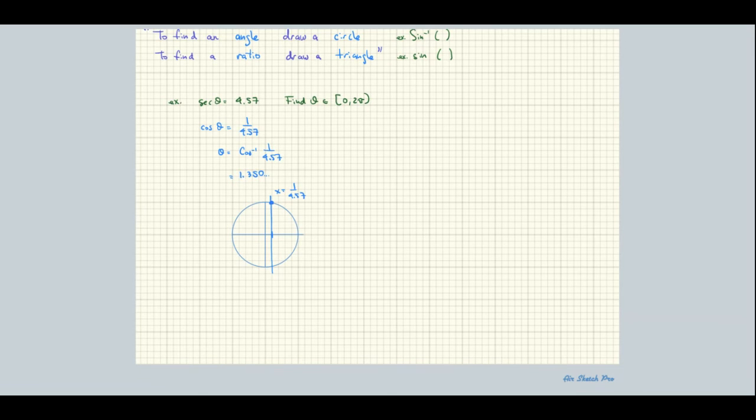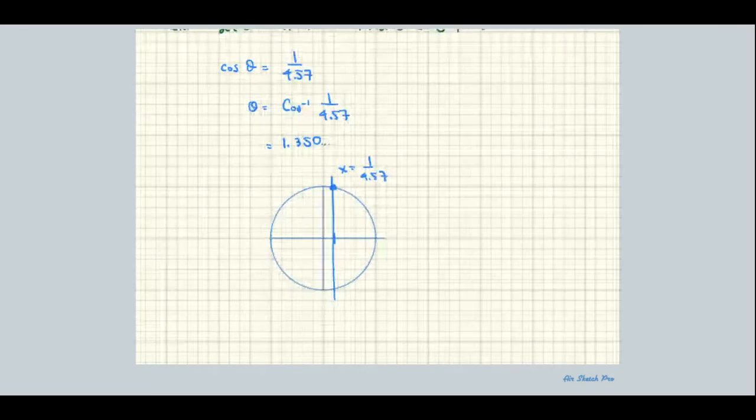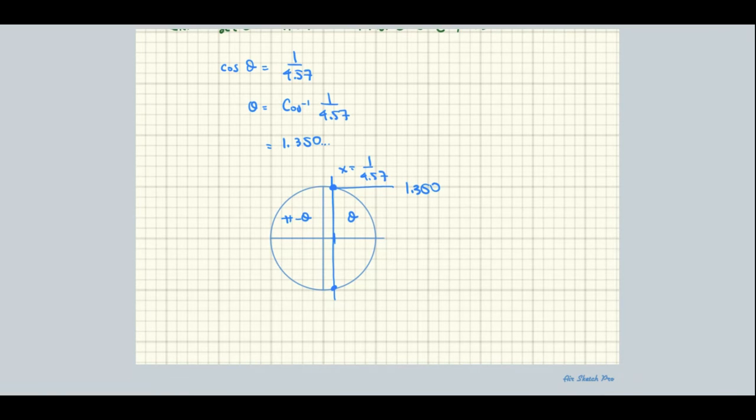Here's the solution you just came up with, guys. Let me zoom that so you don't have to squint too hard. There's the 1.350, and here is the other solution that we need to find. If we're looking at these all positive, and I have an angle theta here, it's pi minus theta here, the supplement.